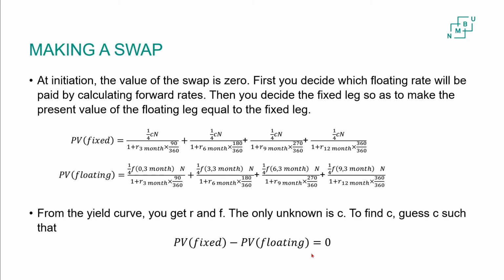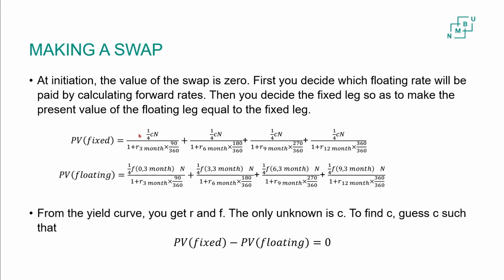So to continue with the previous example, we have a swap deal going over 12 months with 4 payments. There's a payment every 3 months. And you have a fixed leg, the fixed payment, and you have a floating payment.